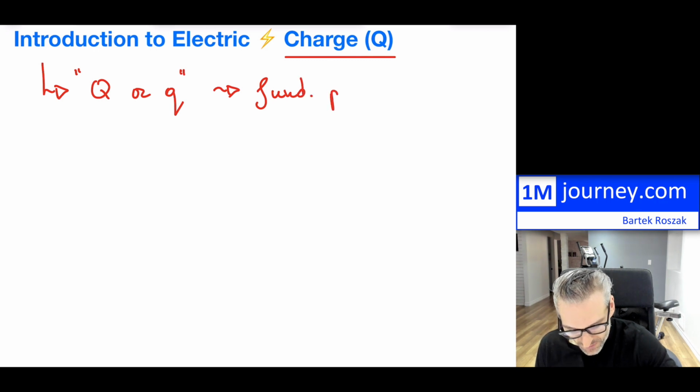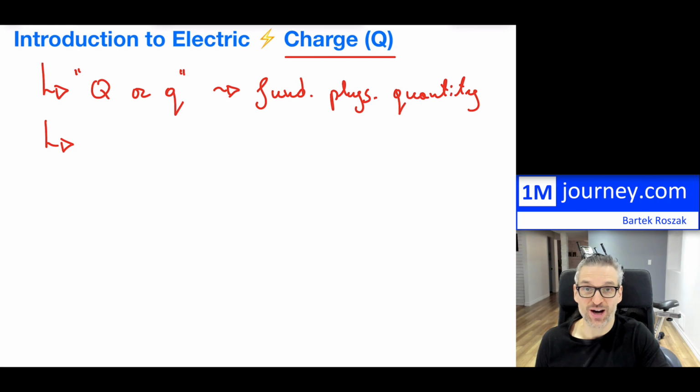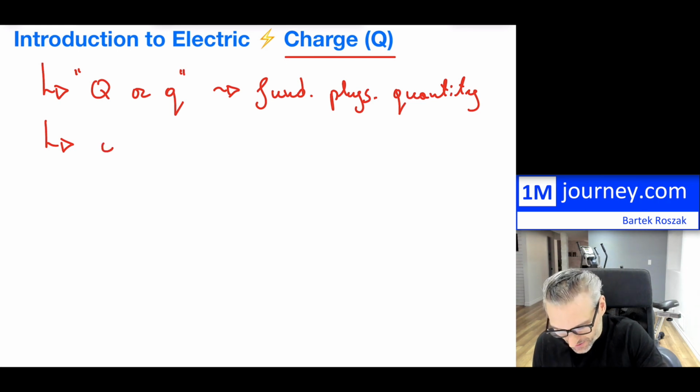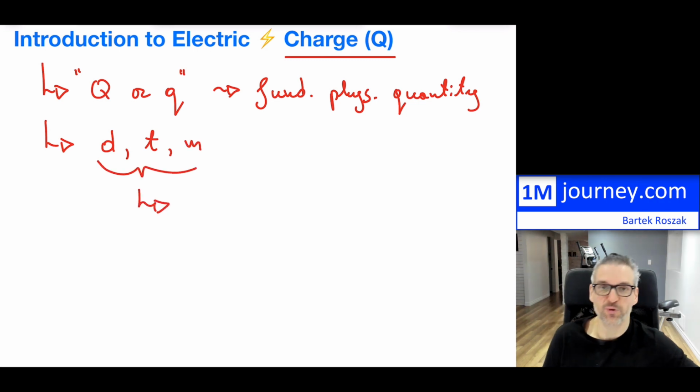Now, fundamental physical quantities, the ones that you've studied before, were only really 3. And from these 3, we were able to derive quite a lot. If you recall, when you started off with physics, you had fundamental physical quantities of distance, time, and mass. And from these 3, you were able to derive quite a lot over the duration of the various chapters that you studied.